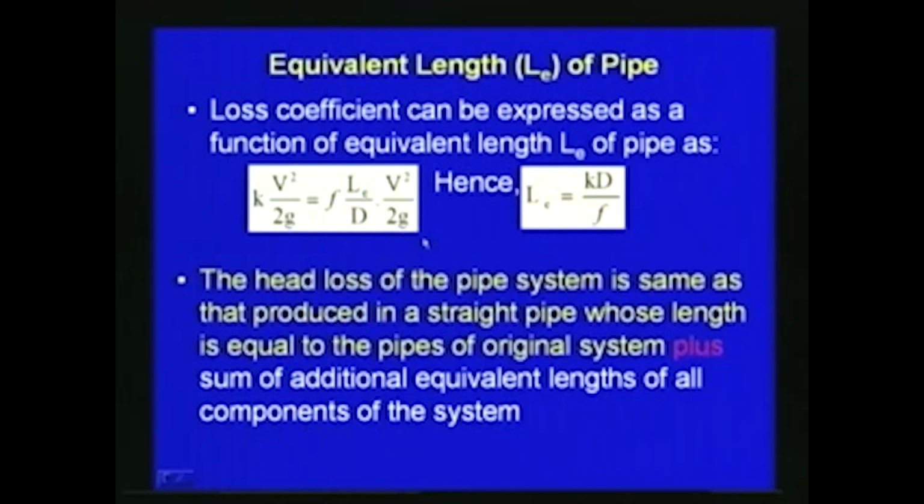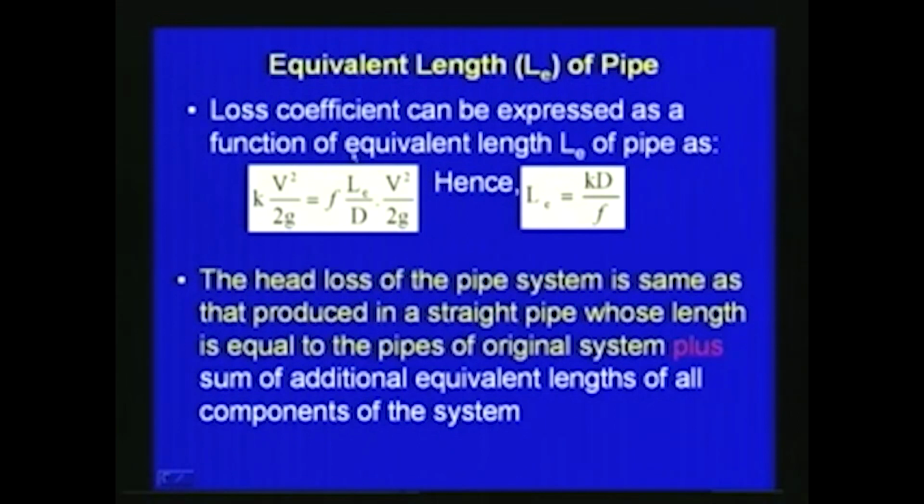So we can directly utilize the standard value available from the manufacturer for whichever type of valve, gate or bend we use in our pipeline. We have already seen that we express the minor losses in terms of V square by 2g, where V is the average velocity.